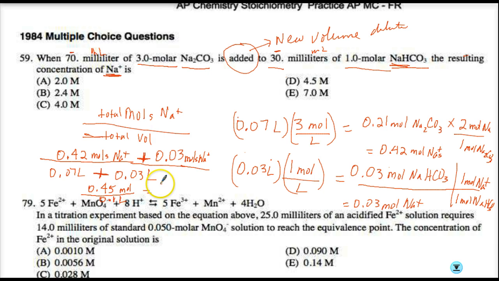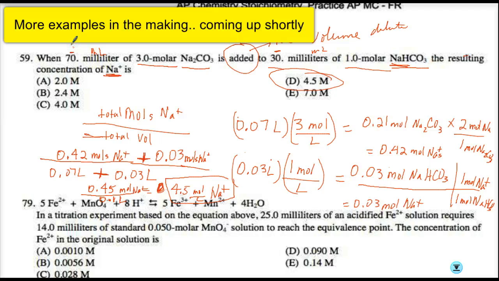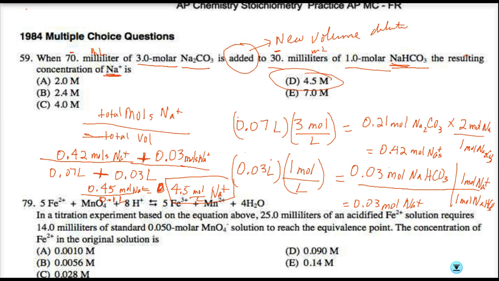So that means it's going to be 4.5 moles per liter, Na+. Can you read that? Moles per liter, Na+. And then you find it up here, and your answer is D. Okay? Most of the rest of these are the same song, second verse.